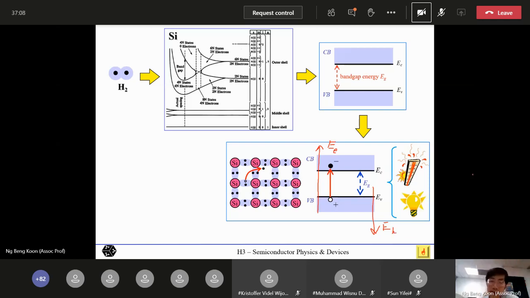So the way to understand this conceptually is to think of the hole as like a bubble. Naturally, if there's some position in the valence band edge, then the hole will tend to go to that position, because remember, any particle always goes to the lowest energy possible.